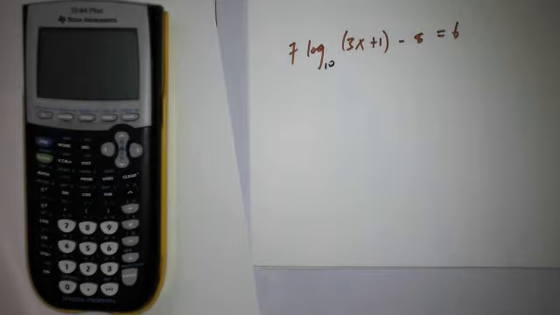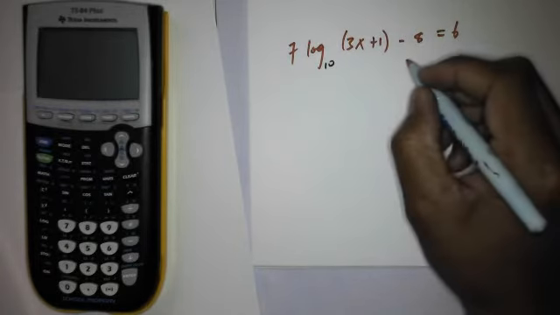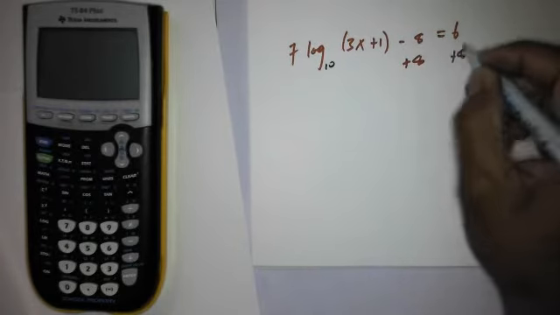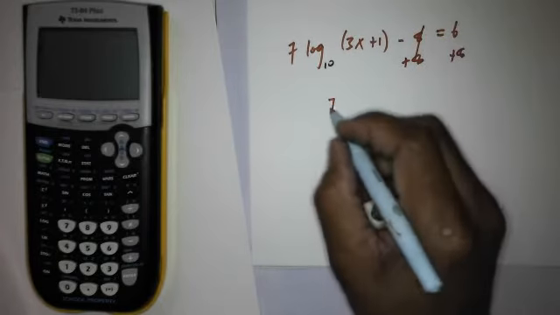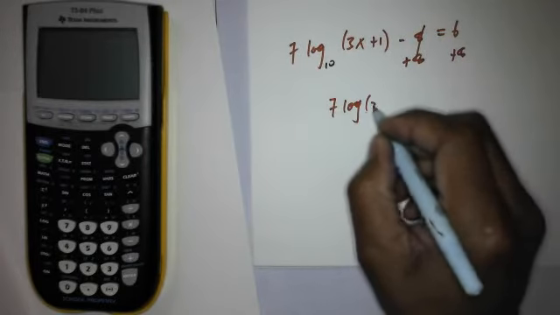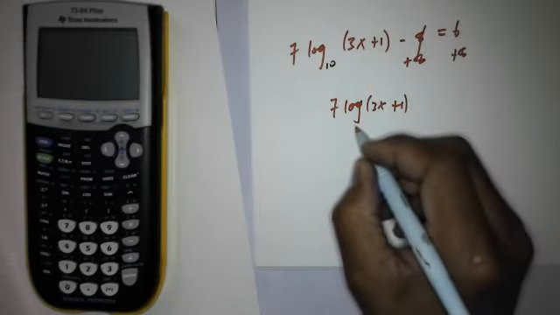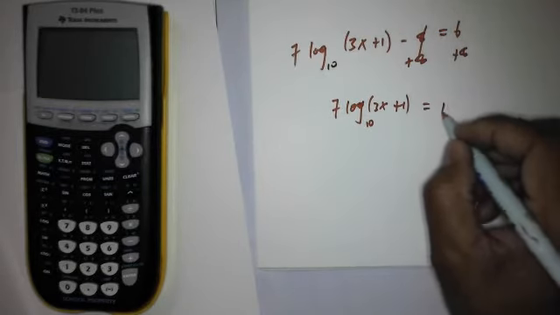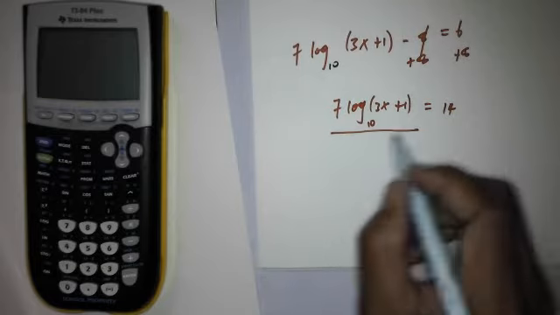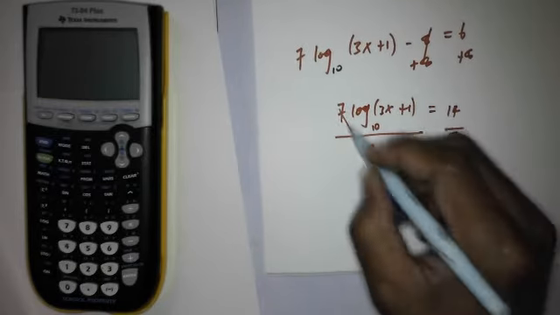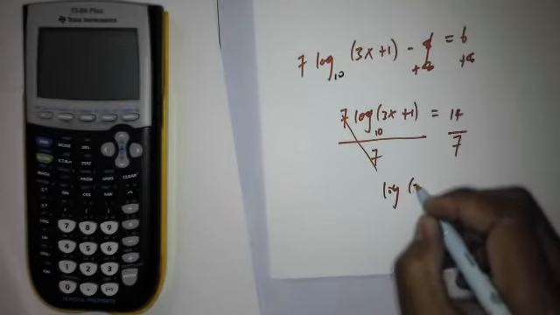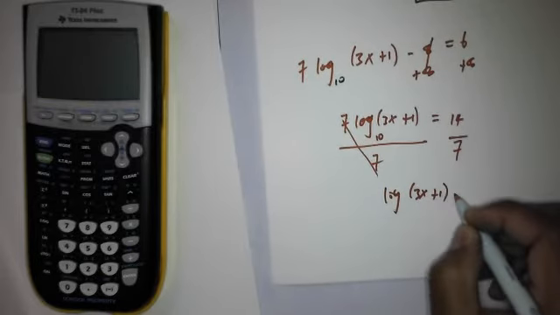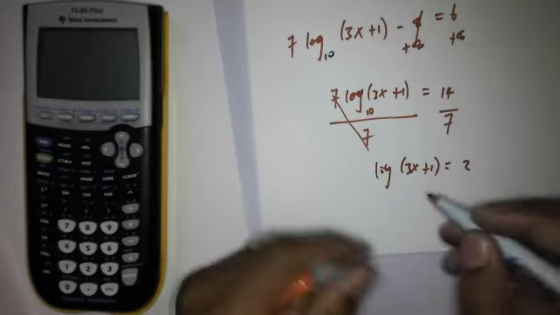Now again, in solving this normally, we would go ahead and add 8 to both sides. So this would be 7 log 3x plus 1 base 10 equals 14. And then we divide both sides by 7. So log 3x plus 1 equals 2.